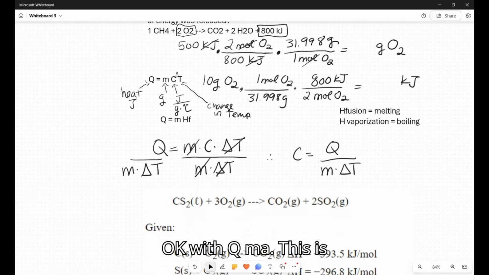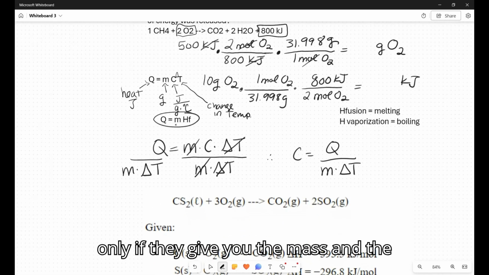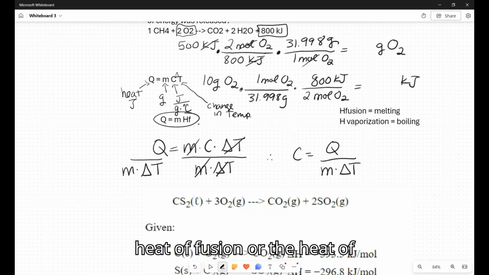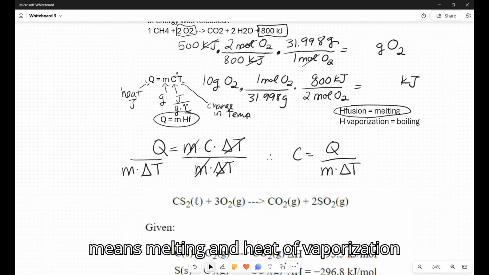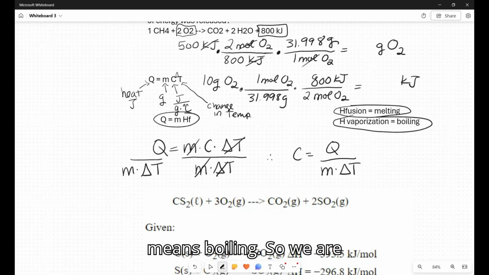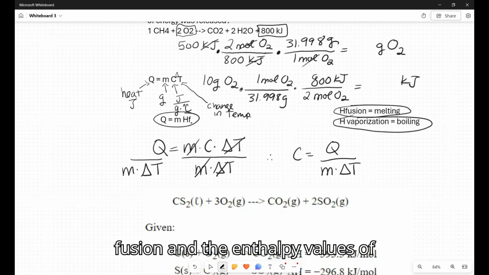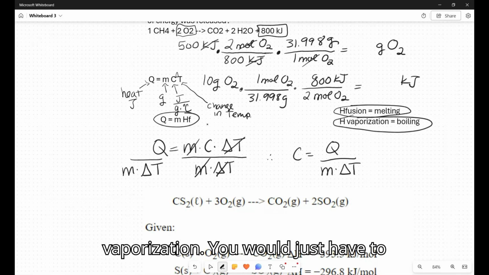Okay, with Q equals Ma, this is only if they give you the mass and the heat of fusion or the heat of vaporization. Heat of fusion just means melting, and heat of vaporization means boiling. So we are going to give you the H, also known as enthalpy values of fusion, and the enthalpy values of vaporization.